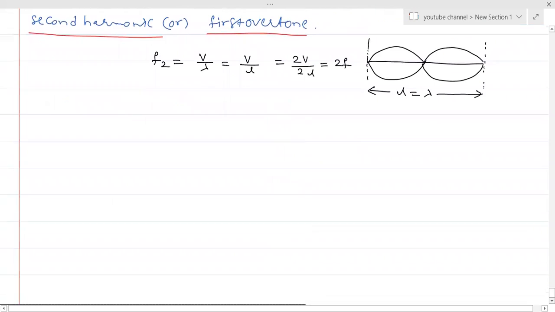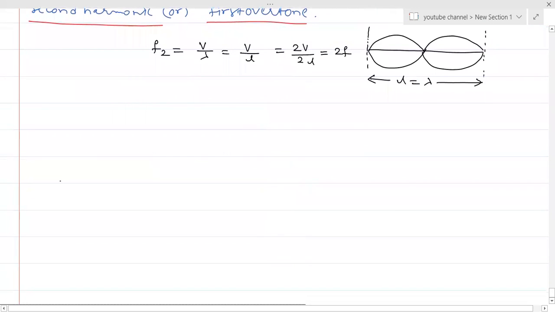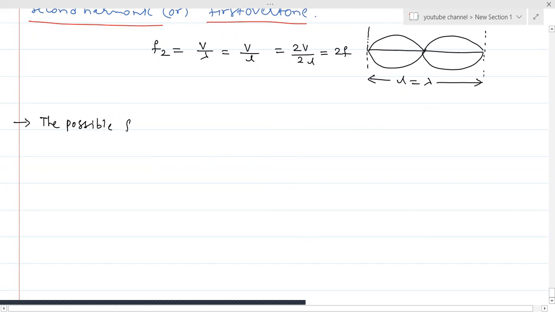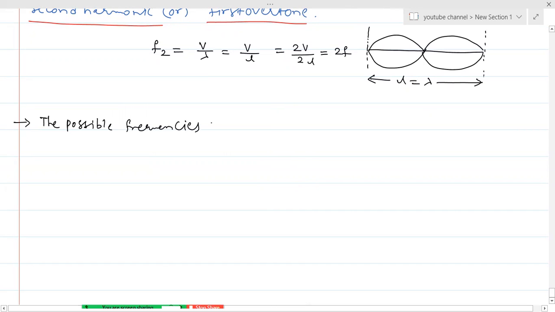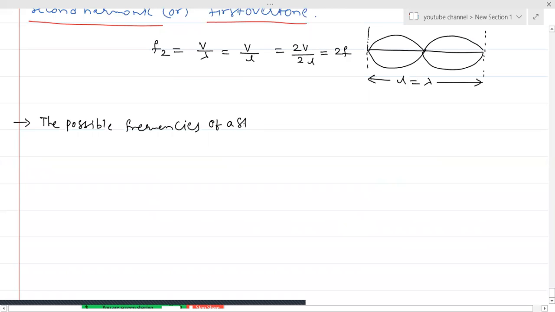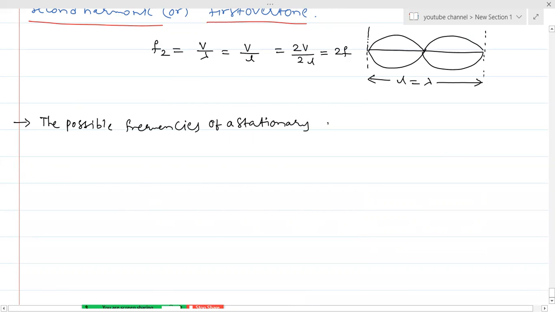Now we will easily understand the relation between the harmonics and overtones. I am writing the possible frequencies of a stationary wave in a stretched string.